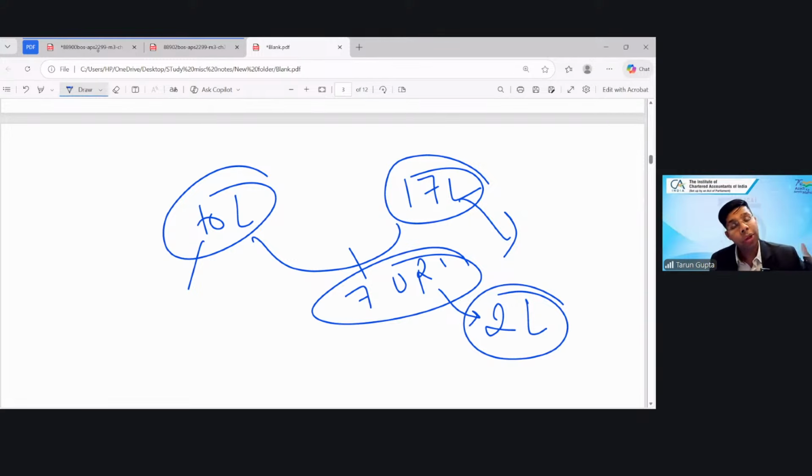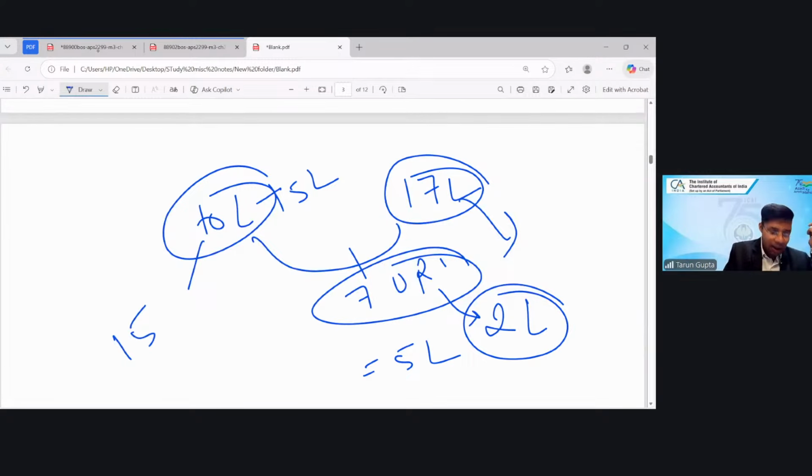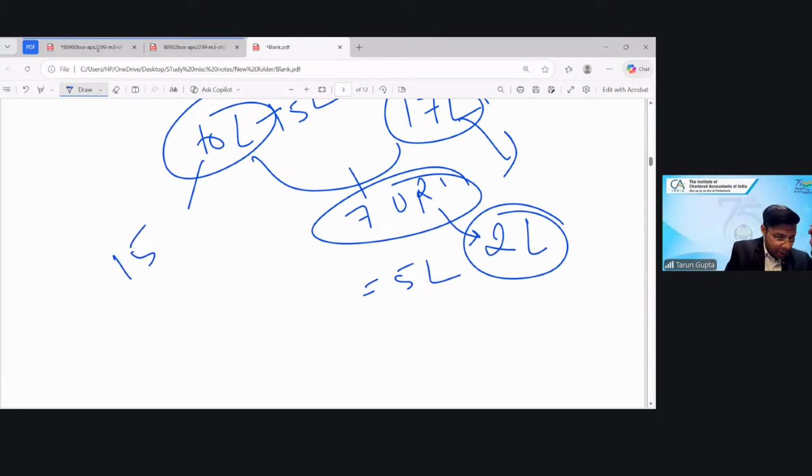So therefore, always do what? Whatever the starting point is, here the income determined under section 143(1), we add underreported income. Underreported income is 5 lakh, because the 2 lakh is not called underreported income, as it is on account of the order of the TPO. So 7 minus 2, only 5 lakh. So I will compute tax on 15 lakh, that is 10 plus 5, minus tax on 10 lakh.